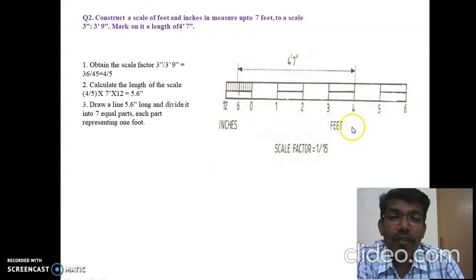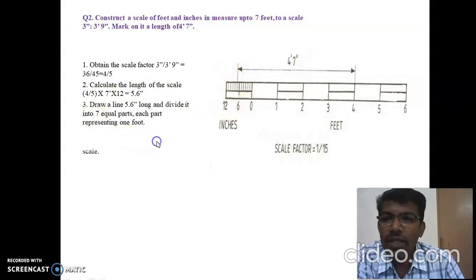So here feet is the unit and inches is the subunit. So how many inches are there for 1 foot? 12 inches. In the previous case we have seen decimeter and centimeter. For 1 decimeter we have 10 centimeters, but for 1 foot we have 12 inches. So this particular length is going to be divided into 12 equal parts by the line division method, right?